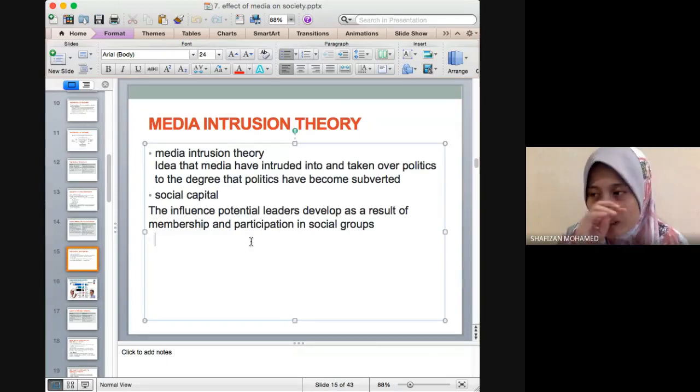Politicians also must work with community groups. That means to become a leader, he must have very strong social capital: a strong relationship and commitment with the people and the community groups. He must have the trust and the link with the people. That is social capital.